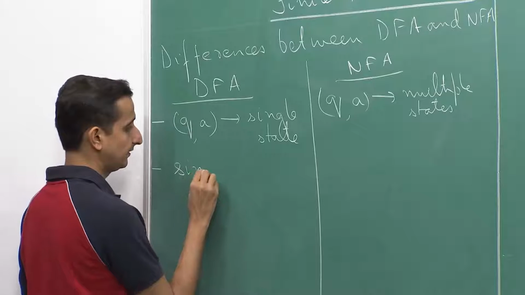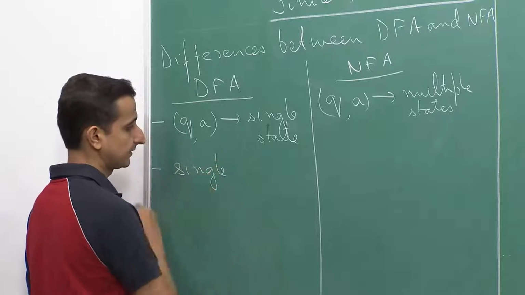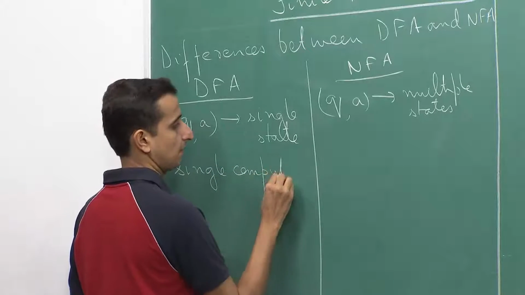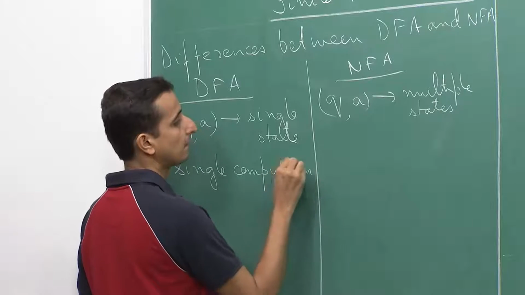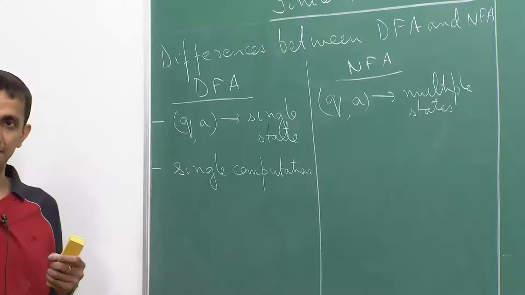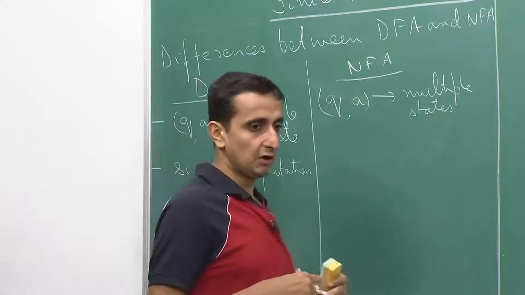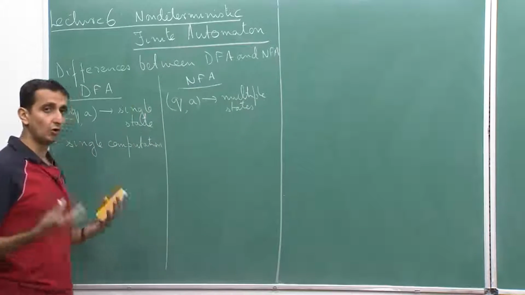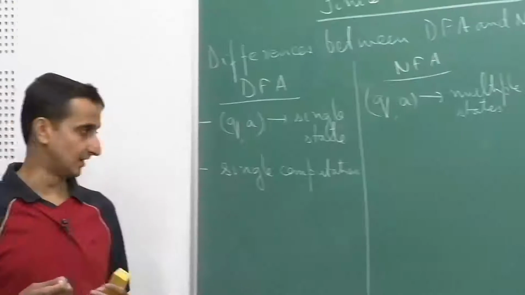The second point is, in a DFA we have a single computation that is happening. One way of thinking of it is the clone model that I talked about last time.